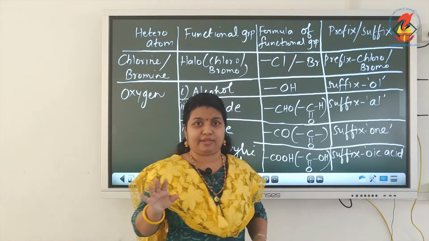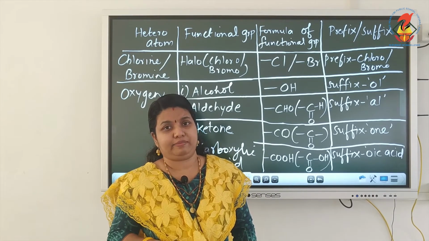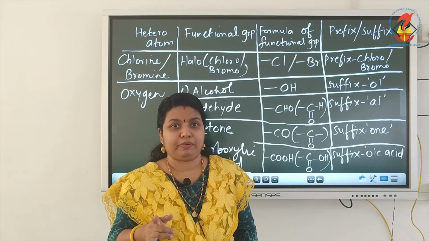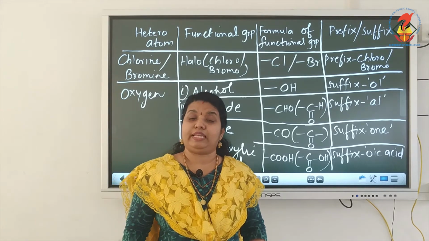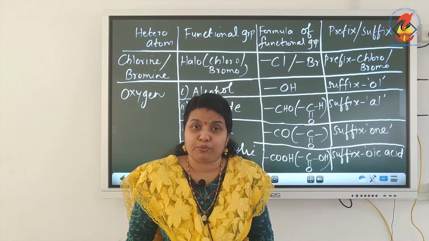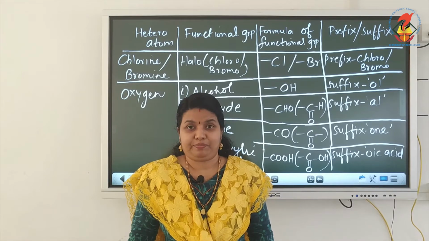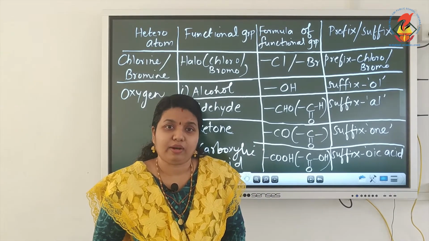You need not consider that. Just consider the bond between carbon atoms. If it is a double bond or triple bond, ene and yne has to be added. Always look for the nature of the bond between carbon atoms only, not between carbon and oxygen. Clear? So, identify it as an alkane, alkene or alkyne.